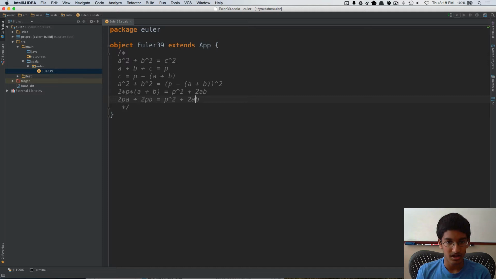Now I'm going to move all of the terms that involve b to one side. So then I get 2b times (p minus a). So that's this term minus this term. So I'm moving everything to the left side. And this is going to equal p squared minus 2pa.